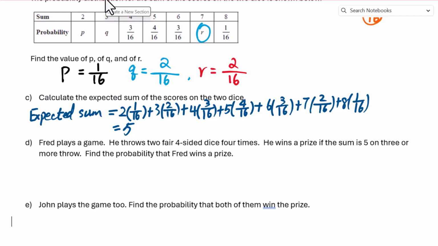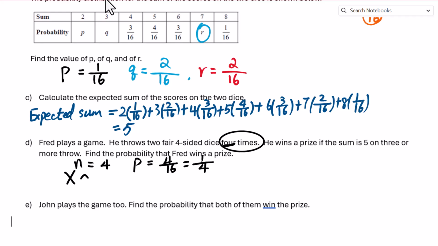Fred plays again. He throws 2 fair 4-sided dice 4 times. He wins a prize if the sum is 5 on 3 or more throws. Find the probability that Fred wins a prize. This will be a binomial distribution. N equals 4. Probability equals 4 over 16, which is 1 over 4.